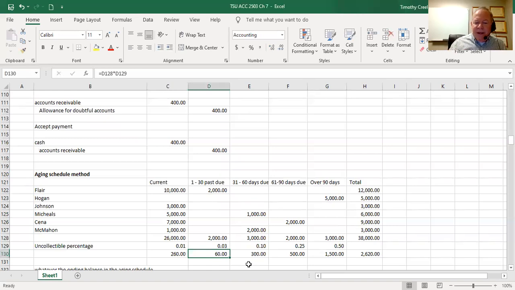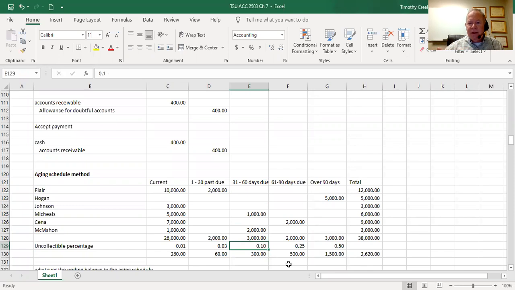Now, one thing you're going to know with the aging schedule, and think about this from real life and your own personal experiences. The longer that someone owes you money, the less chance you're ever going to collect. So the percentage of uncollectability, notice here for 31 to 60 days, increases to 10%. The longer that something's past due, the less chance you're ever going to collect.